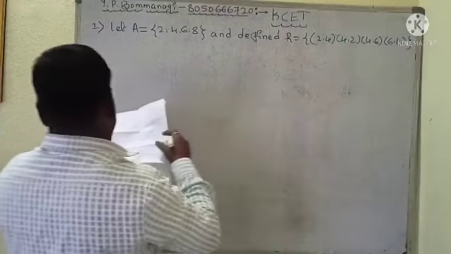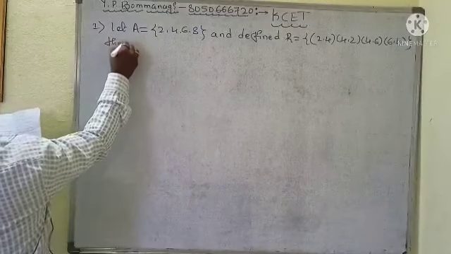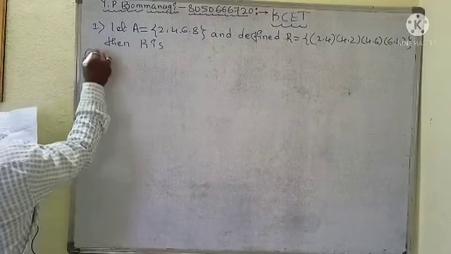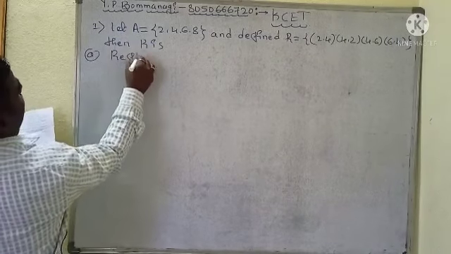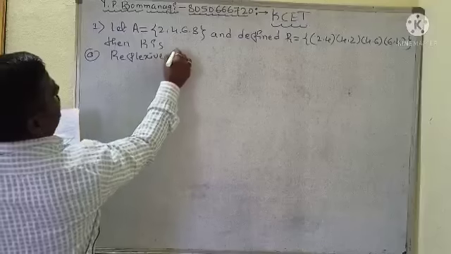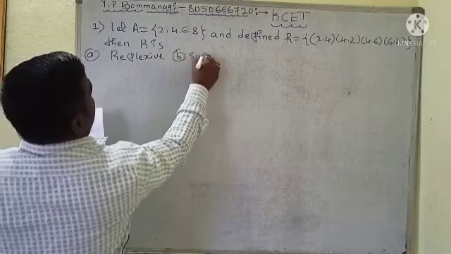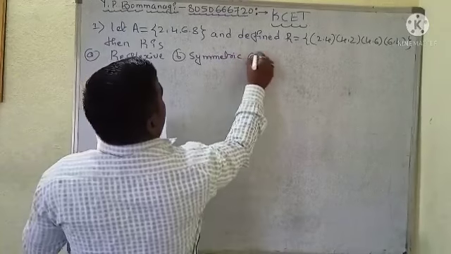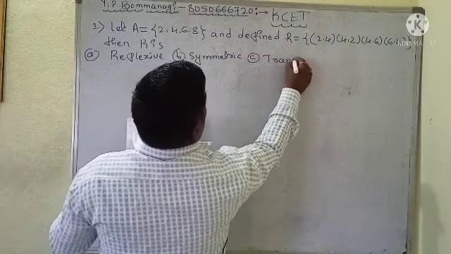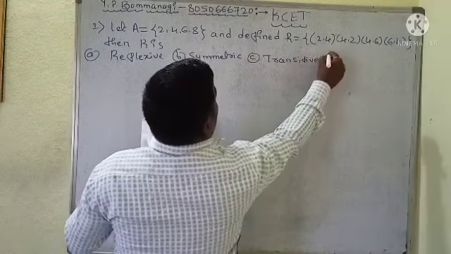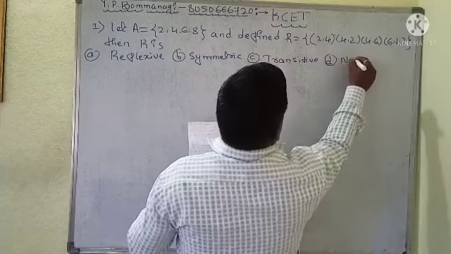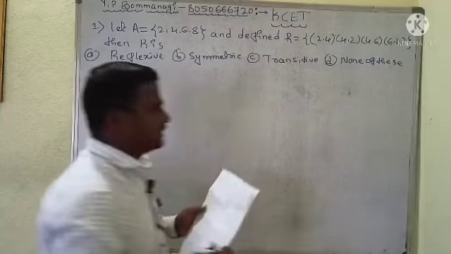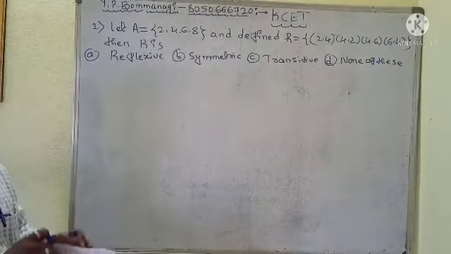Then R is: A, reflexive relation; B, symmetric; C, transitive; D, none of these. Clear? Got it? A very simple question arises.